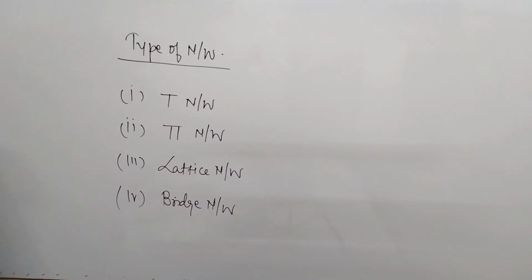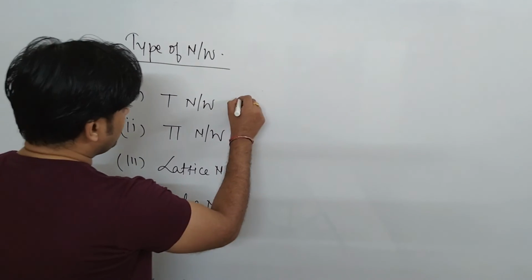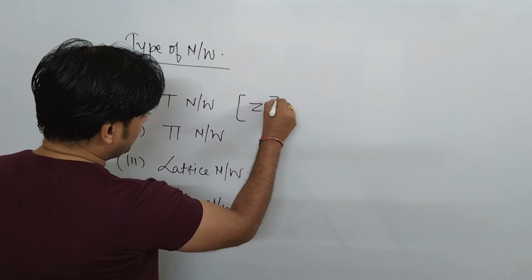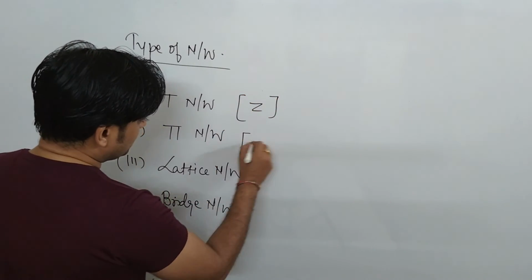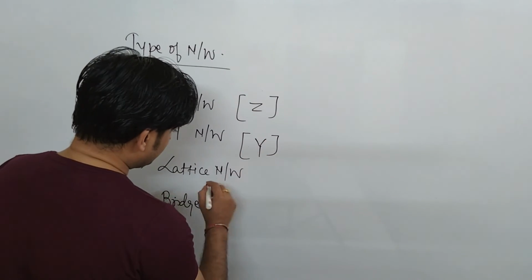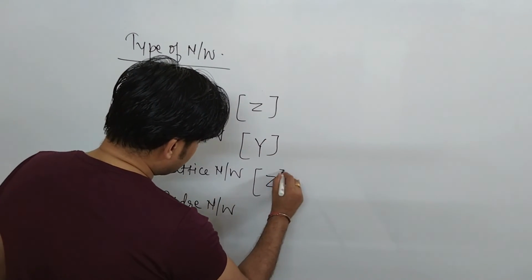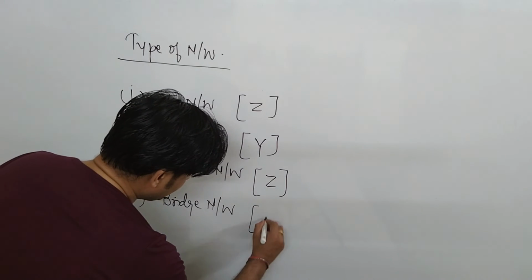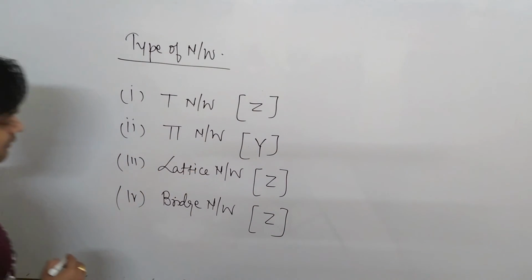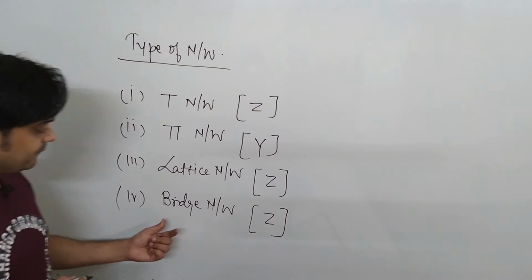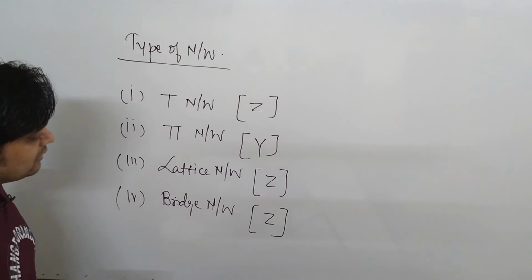Now again the point is, when such a type of network comes, what type of parameter do we have to find directly? So keep in mind, whenever there is a T network, we directly find the Z parameters, and when there is a pi network, we find Y parameters. In a lattice network also Z parameters, and in a bridge network also Z parameters will be there.